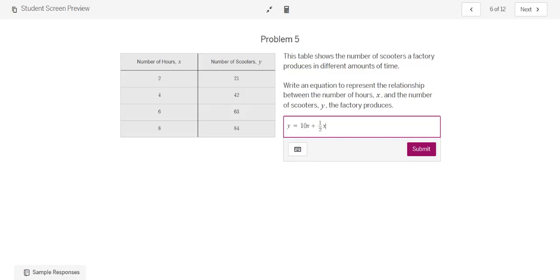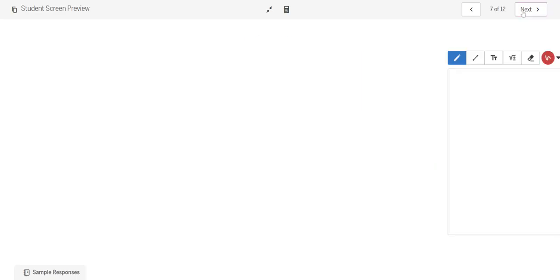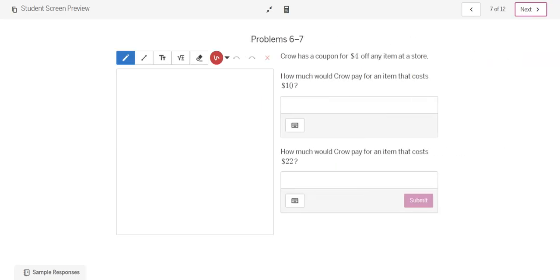That would work, but I think they're going to want it to put all the number parts together. So I'm going to get that it equals 10 and 1/2, and then times x. Let's see if it lets me do that once we get to our answers. I might have to change it to a decimal.